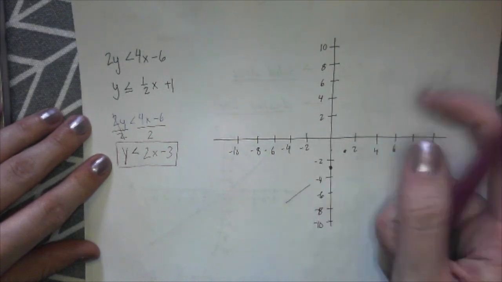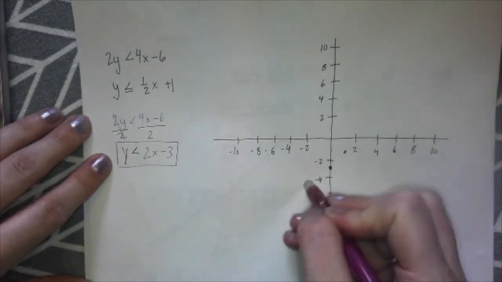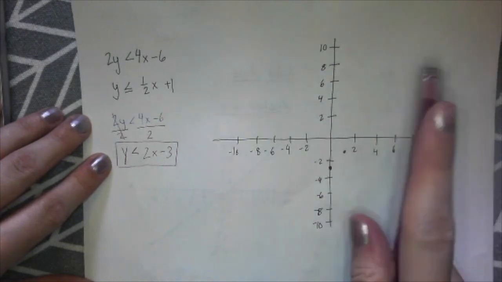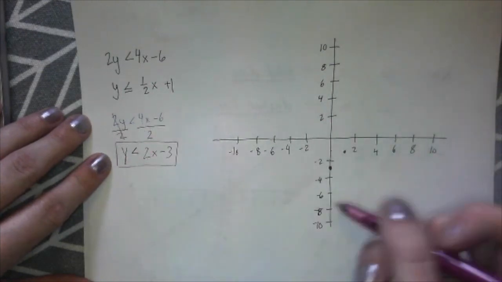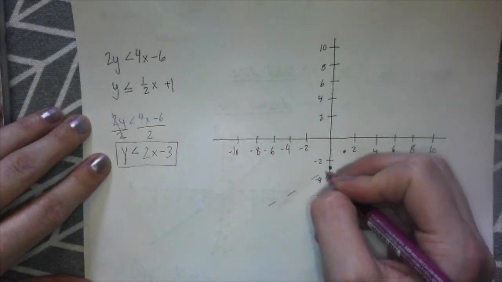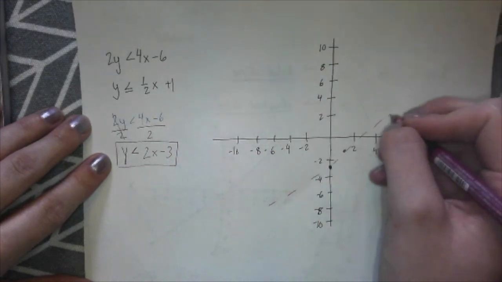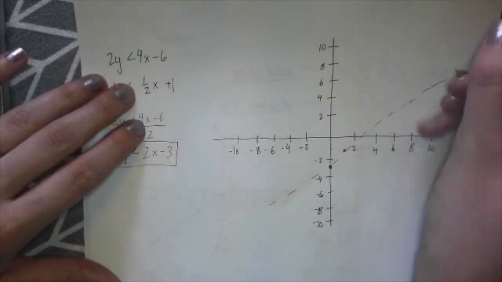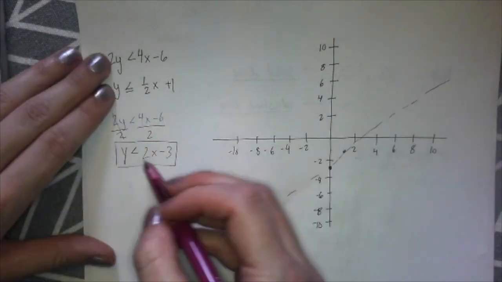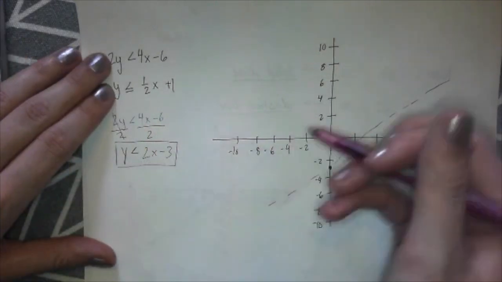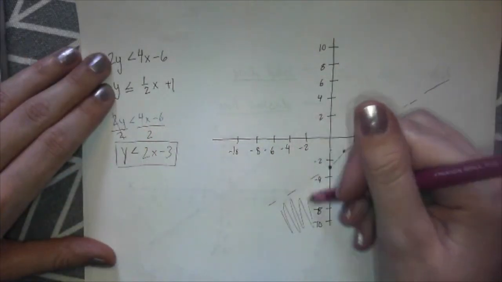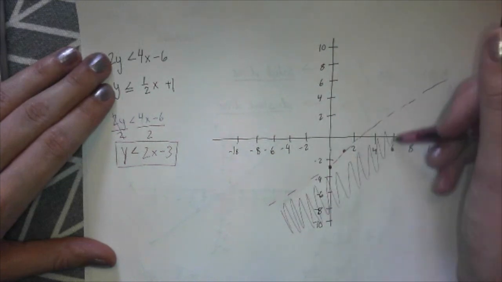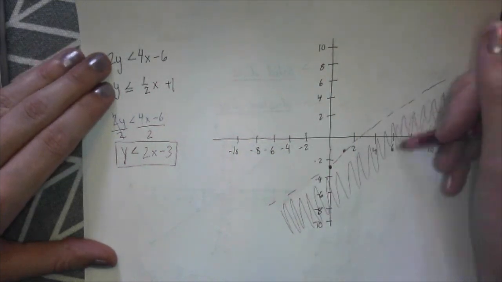And we can just draw, one second there. We have to draw a dashed line because this is a strictly less than. And to show that it is all the points where y is less than 2x minus 3, we're going to shade this half in, because it is less than.